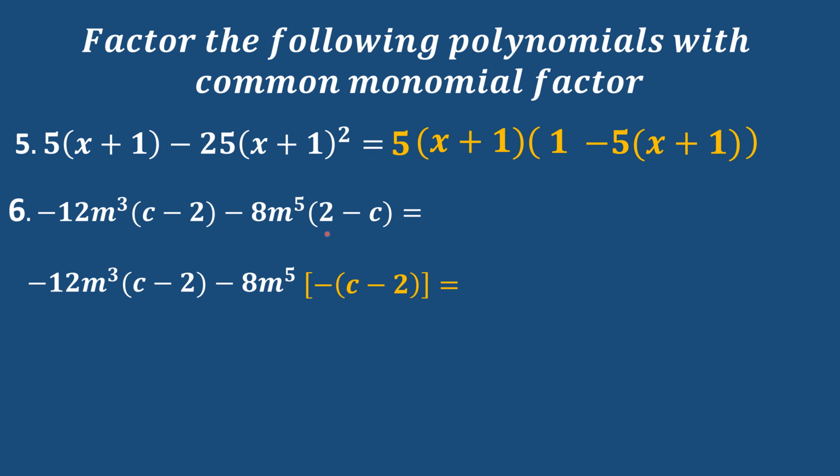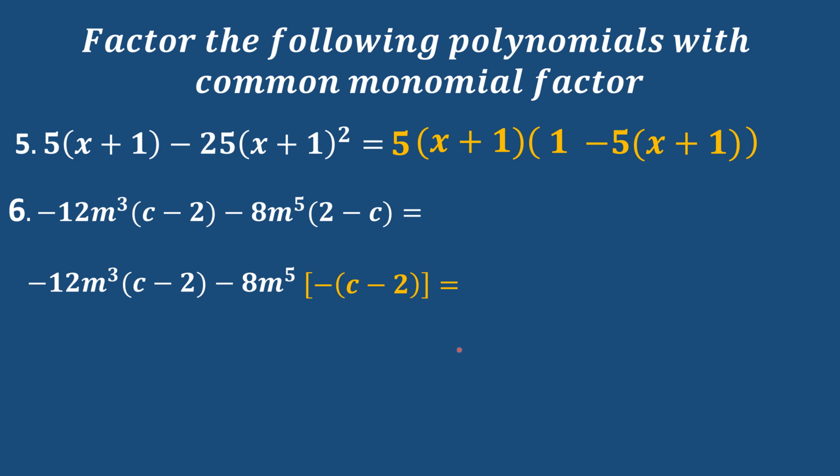And the 2 here is positive, thus negative multiplied to a negative gives a positive 2. We are not changing the value of the 2 and the c. They are still the same if and only if that negative is distributed to the terms inside. So as you have seen, we now have c minus 2 here as well as c minus 2 here. What shall we do next?